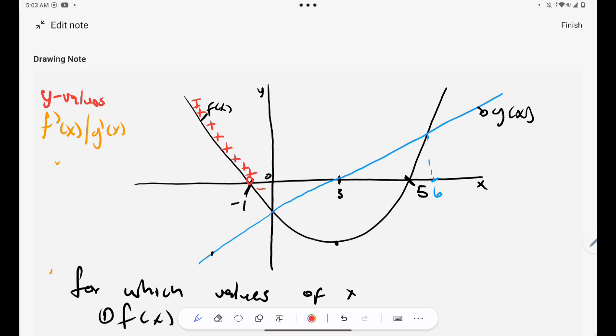And then it will be negative since it's below the x-axis, then it will be positive again. Are you together? And then for the straight line graph, I have positive there because it's above the x-axis, and now it will be negative when it's below the x-axis.